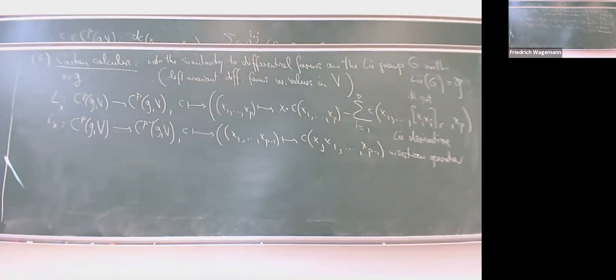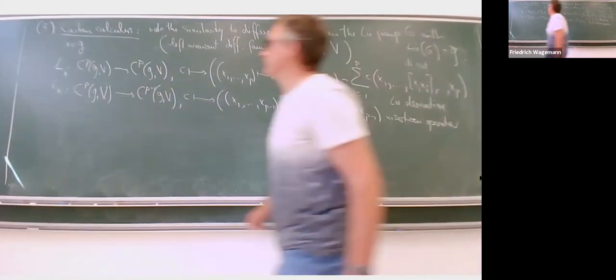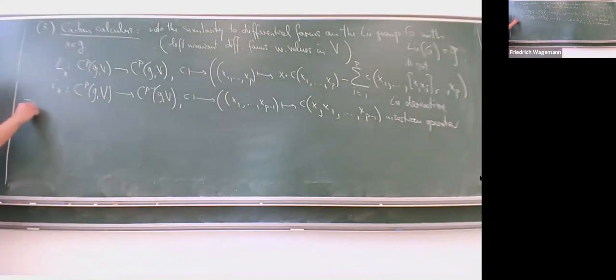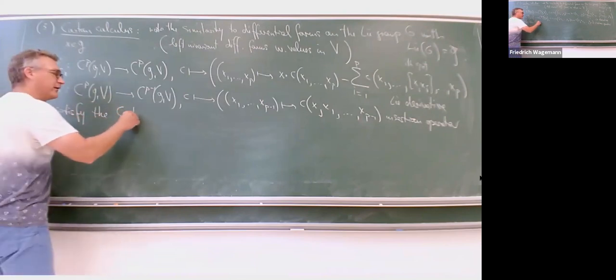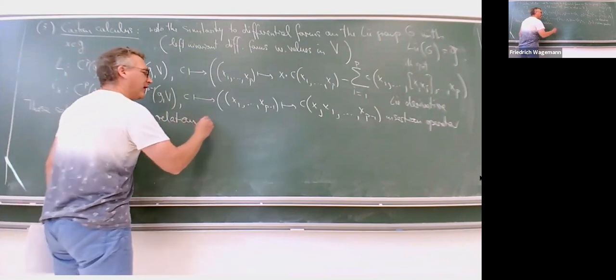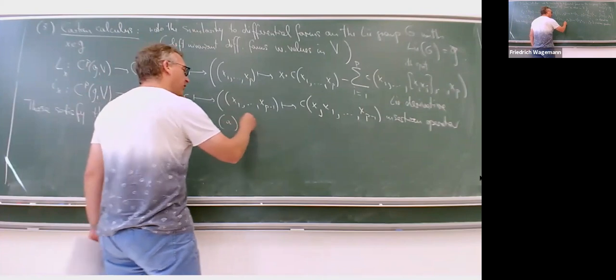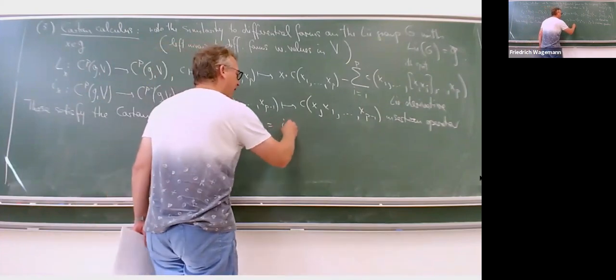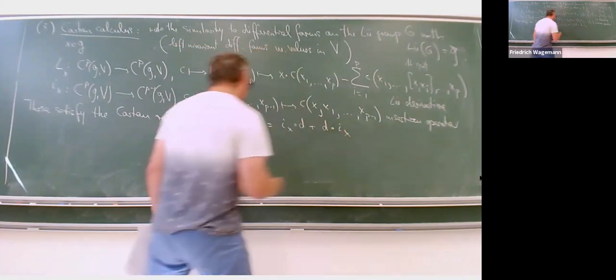Okay, maybe, no questions. And these satisfy the Cartan relations, like for differential forms. And so, first of all, Lx is Ix composed with d plus d composed with Ix.